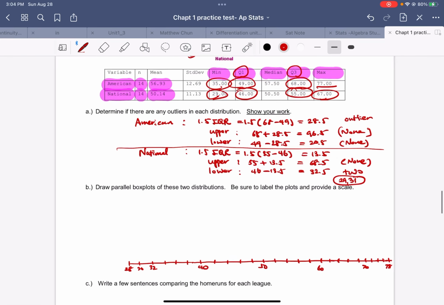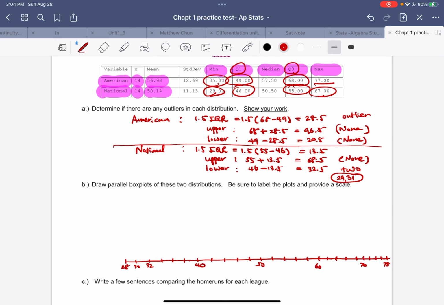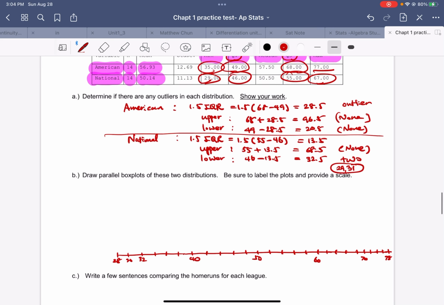I think that will be enough because that's close to the maximum.